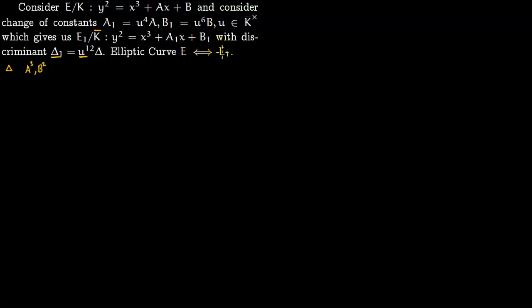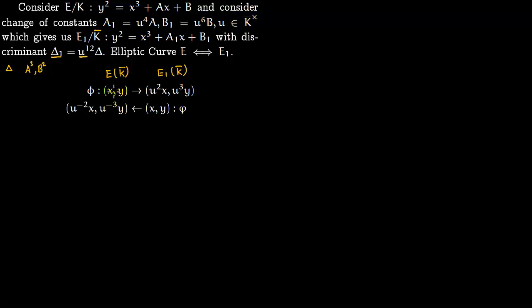So the isomorphism is in terms of morphism between algebraic varieties. We have discussed a large number of examples of morphisms of algebraic varieties in our lectures on algebraic geometry. So let us now see the morphism here. The morphism is from elliptic curve E to E1, but now we are working over the closure of the field K, precisely because we have taken u from this closure.